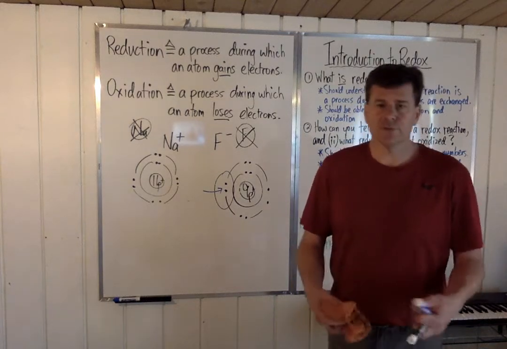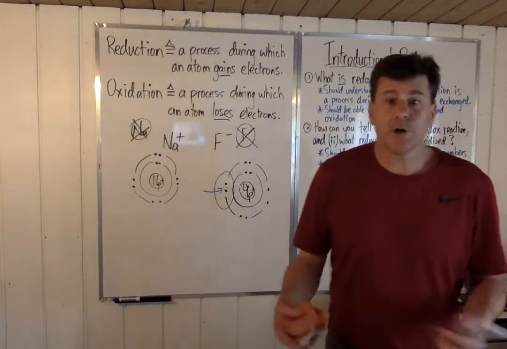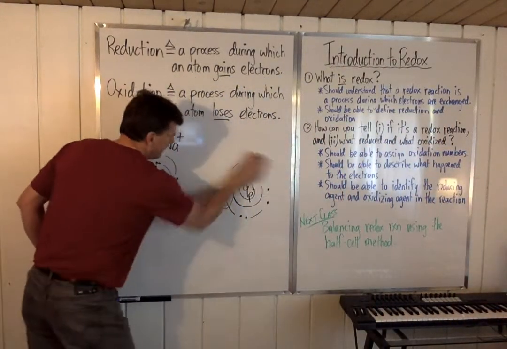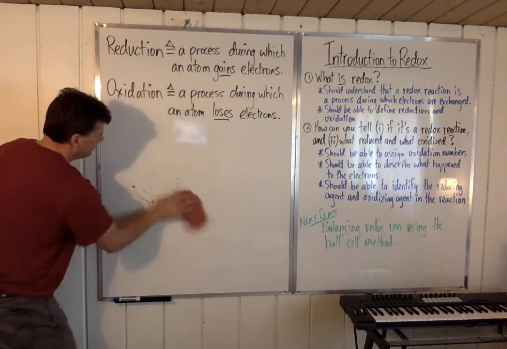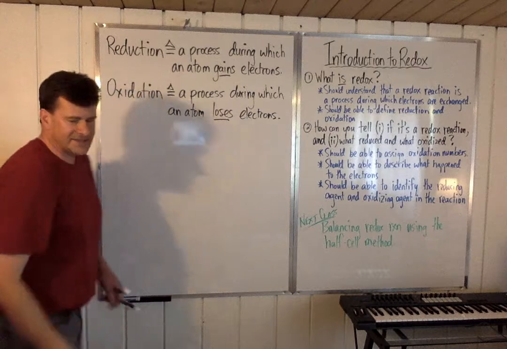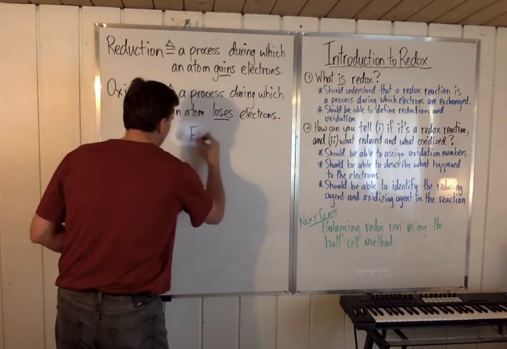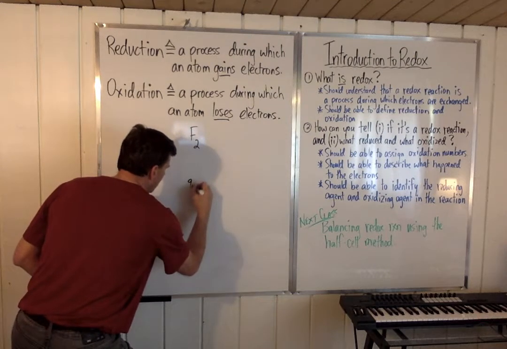Now, in reality, this fluorine that's over here would have probably gone around, instead of just an F, as an F2, which means, I'm going to draw it a little bit smaller here.